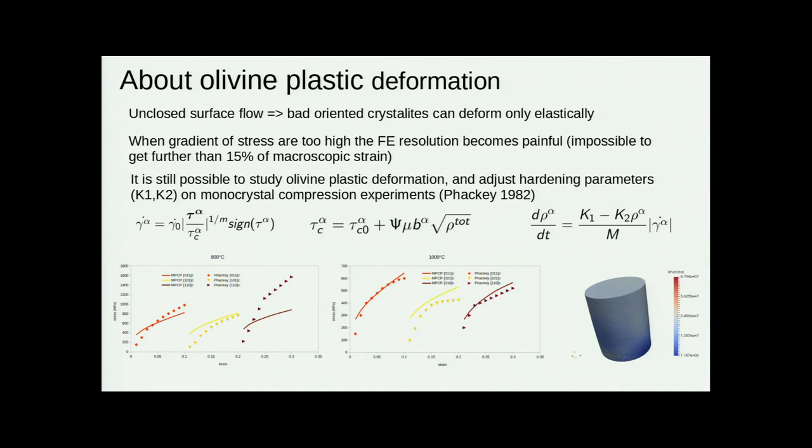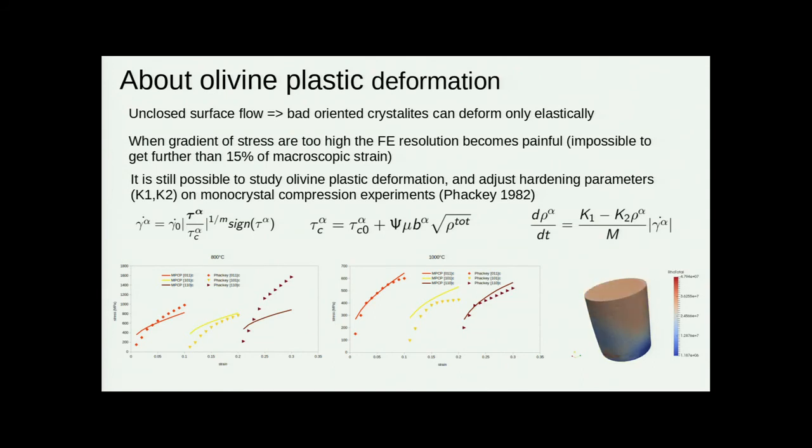So the only two parameters I have to calibrate are the hardening and recovery parameters. To calibrate them, I use monocrystal compression experiments at 2 temperatures and for 3 different orientations of the crystal with respect to the principal stress. And this is the best fit I can obtain.